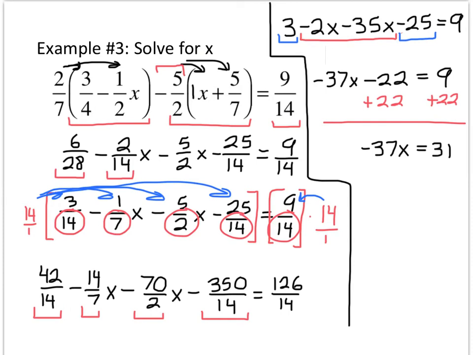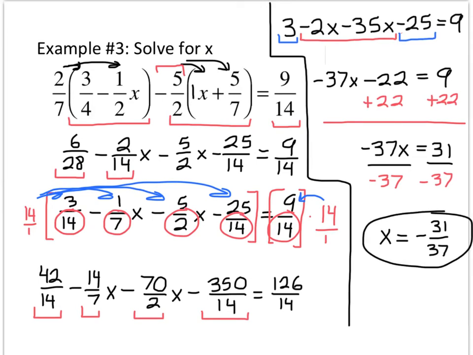And then if I divide by that negative 37, again I'm dividing because that's the inverse of multiplication, which I see between the 37 and the x, I can see that my final solution is just going to be x equals negative 31 over 37.